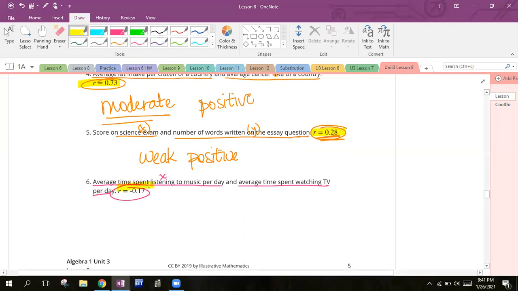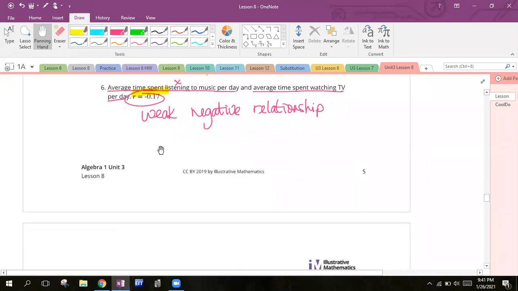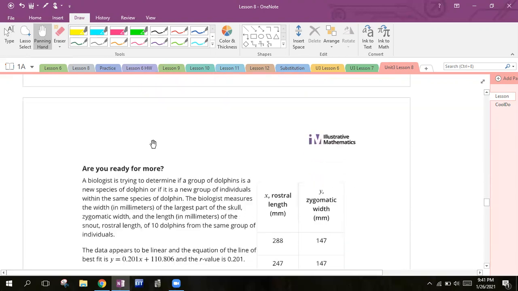No. We have a weak negative relationship. Okay, so this graph would be decreasing, but very spread out and scattered. You would not be able to really see any sort of relationship or correlation between those two variables.